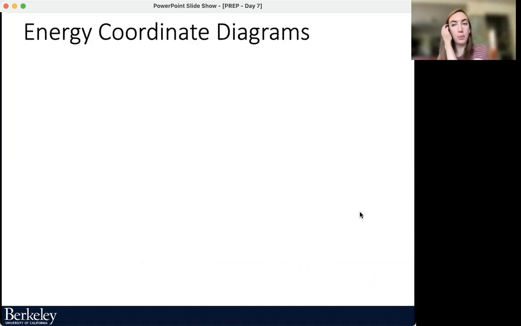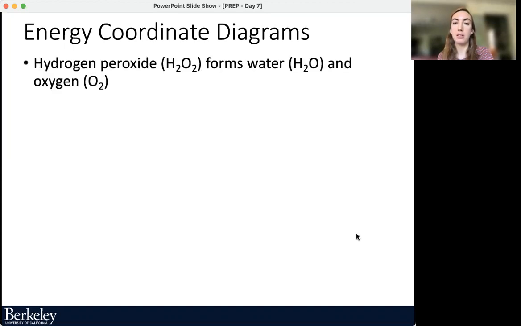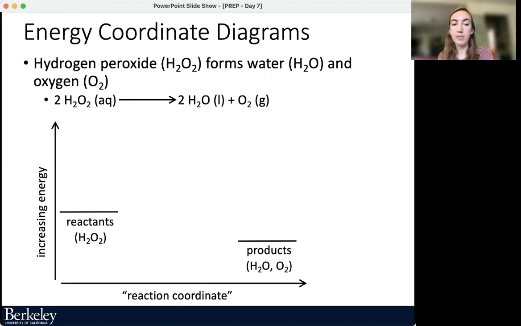One way you might see this drawn is with what's called an energy coordinate diagram. So going back to our example of H2O2 forming water and oxygen, we balanced it this way. We draw an energy coordinate diagram like I'm showing here.